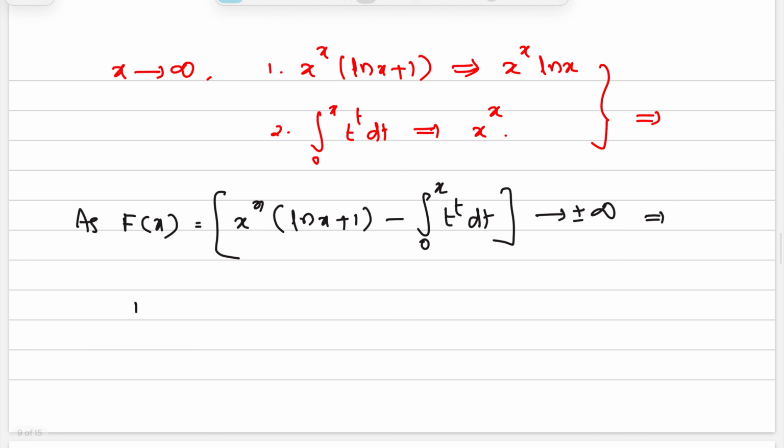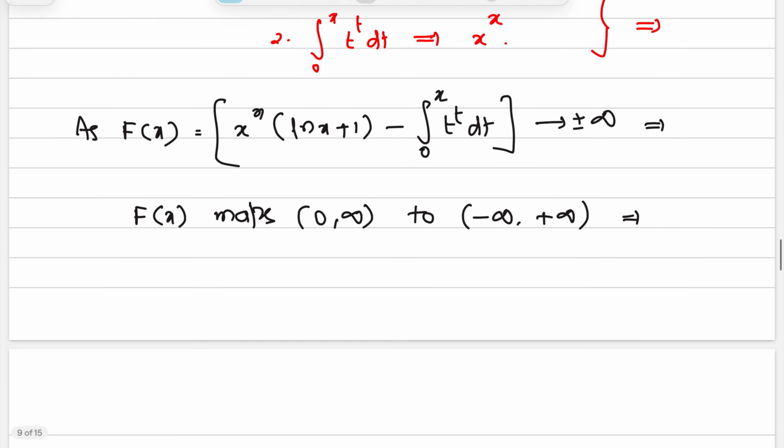So f maps 0 to infinity onto minus infinity to plus infinity, which implies f(x) is continuous, strictly increasing and surjective.